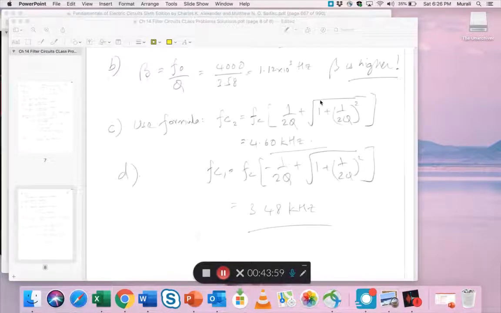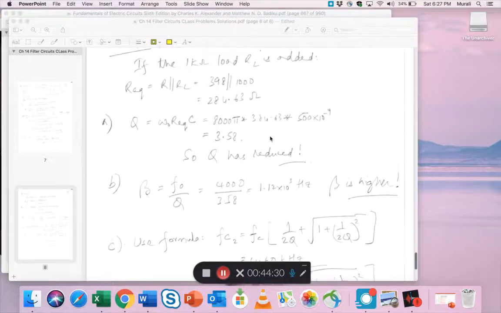Try to become familiar with as many of them as possible, and learn at least one good method or one good formula in each case, if not all of them. Ideally you are able to recollect all of the others, but if not, at least have one good method, and then you can always use that method consistently to solve the problems. Or if you are able to remember the beta form, the Q form of the formulas also, that's good also.